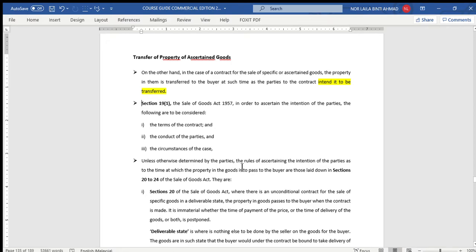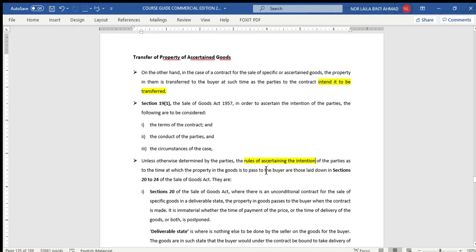Therefore, Section 22 to Section 24 of the Sale of Goods Act provide the rules of ascertaining the intention. These rules are important in order to ascertain the intention of the parties as to the time at which the property in the goods is to pass to the buyer.